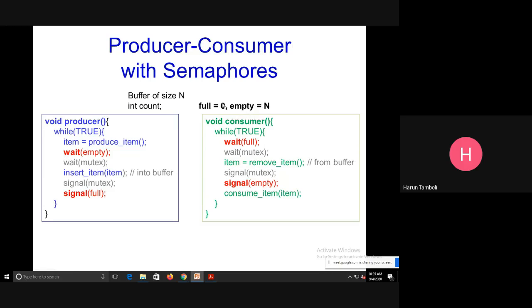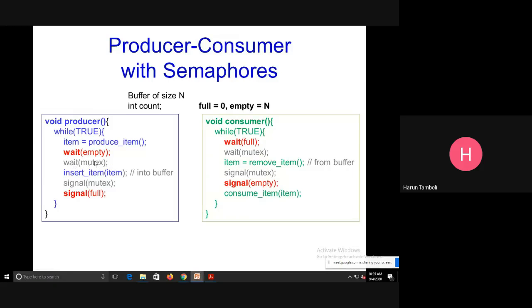Full is 0, 0 blocks are full, and empty is n. Suppose there are 5 blocks, then empty blocks are 5. So since it is empty, when the first process arrives, it will produce an item, then it will perform the wait operation on empty. So the value of empty will decrement by 1.